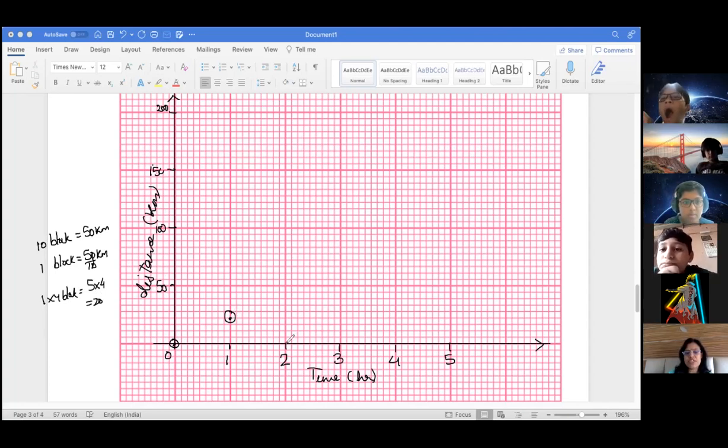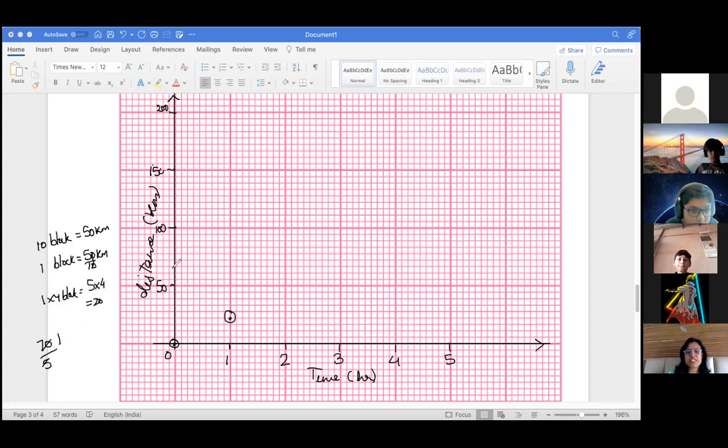What is the second reading? At 2, how much was it? 70. So 70 is how much? 10 blocks is equal to 70 kilometers. So 70 upon 10. Yes, this 50 has come here: 50, 60, 70. Again from here 4 blocks ahead, 1, 2, 3, 4.